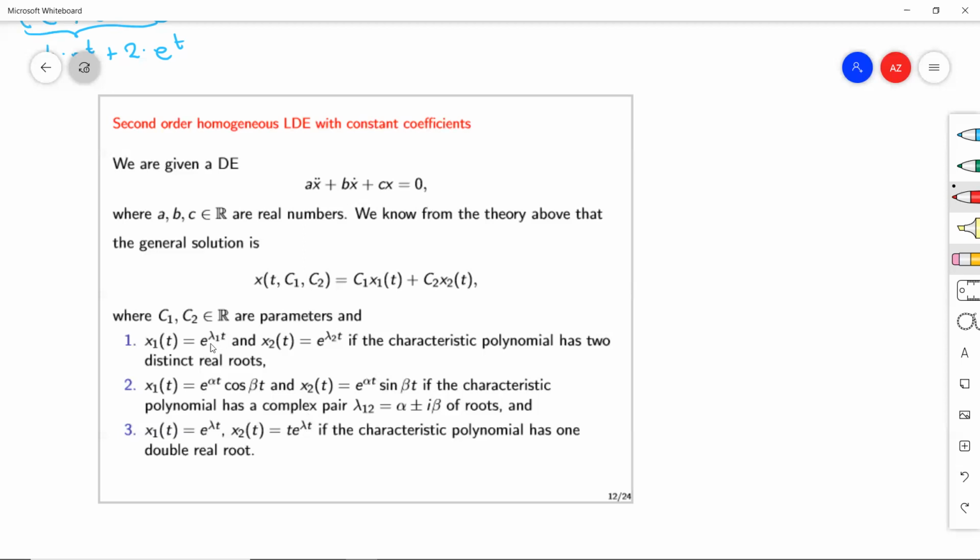In this case, those e to lambda t when t goes to infinity go to 0. The same is true for the complex conjugate pair of solutions, because alpha is smaller than 0, and this e to alpha t part ensures that you really stabilize to 0.